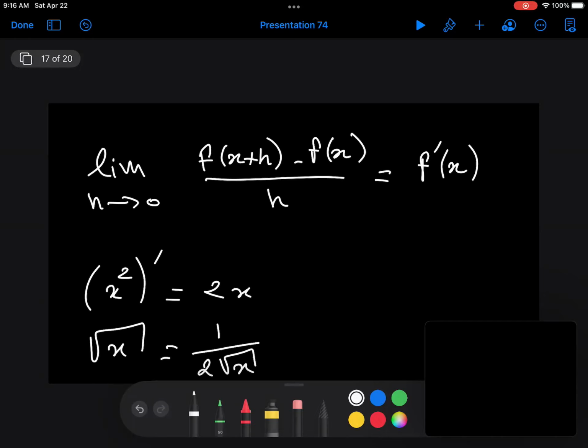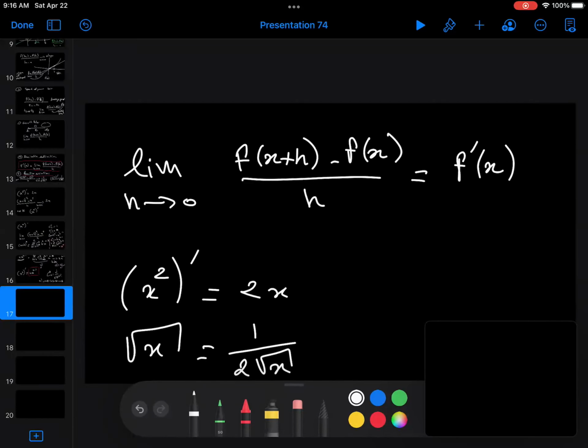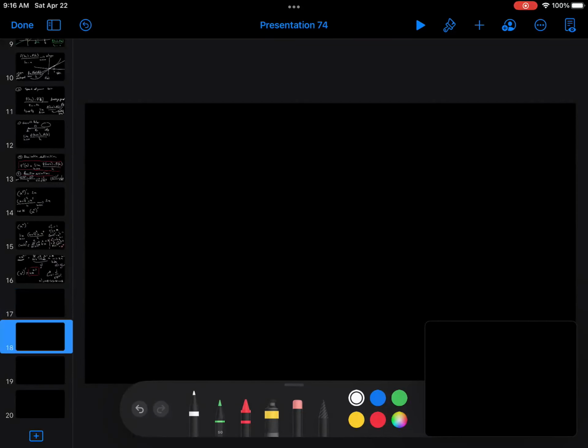So what we are going to do today is work with examples, computing various derivatives. You had an assignment to do, and that's basically what we are going to do today.